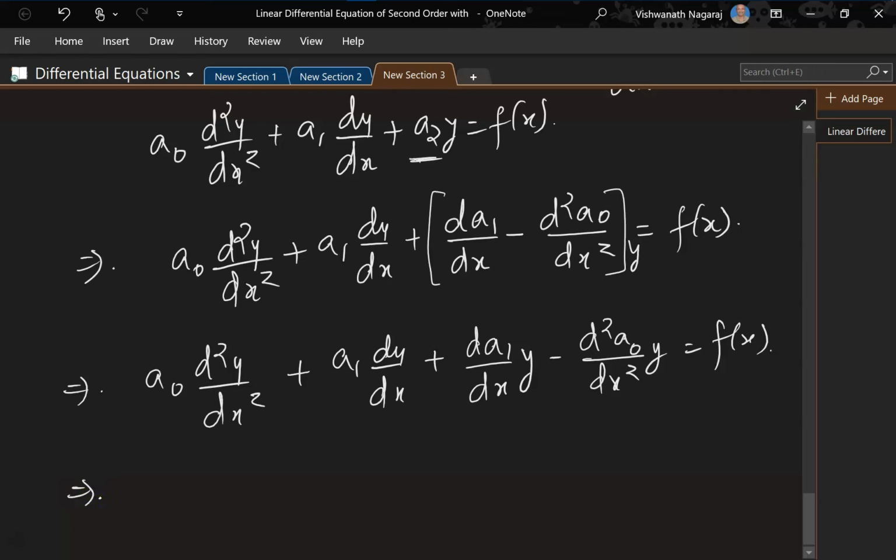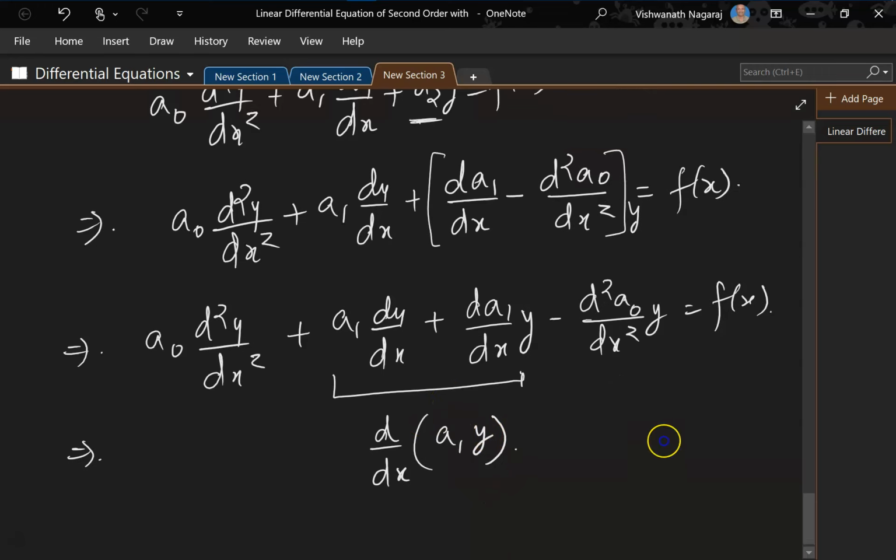Now remember this equation, the left hand side plus the right hand side also, the whole thing has to be written in the form of a derivative. D by dx of something should give us this. So how do we do that? If we look at these two, this can be written as d by dx of a1y. Let's do a very quick differentiation. A1 as it is dy by dx plus dA1 by dx y as it is. So this is perfect.